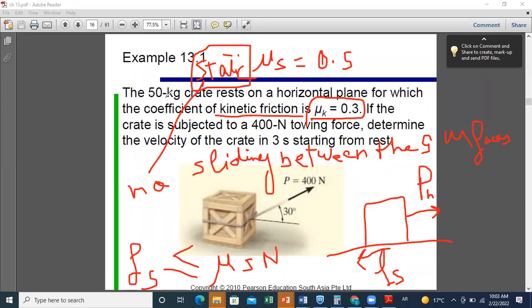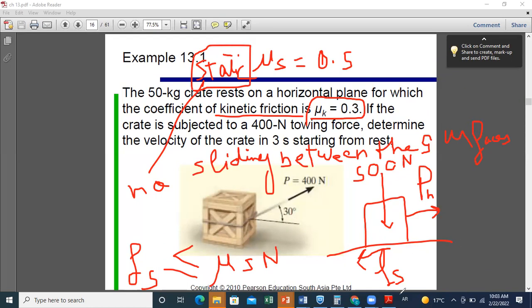A 50-kilogram crate means that the weight is, so let us illustrate all forces. The weight is 500. I will take g as 10. And because in the example here I gave you, I just have a horizontal component of the force, no vertical component like this figure.